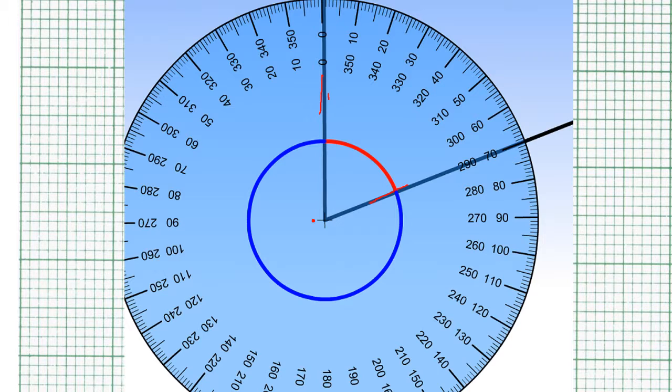So we then have 0, 10, 20, 30, 40, 50, 60, and 70 degrees there. So this angle is now 70 degrees.